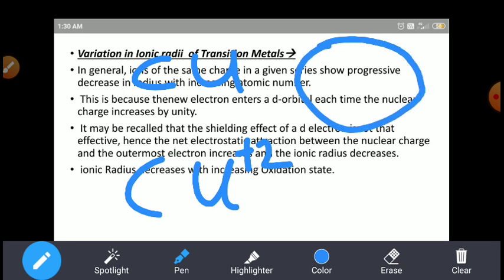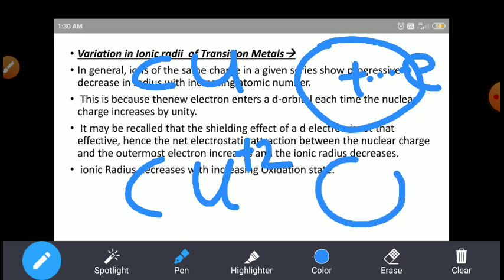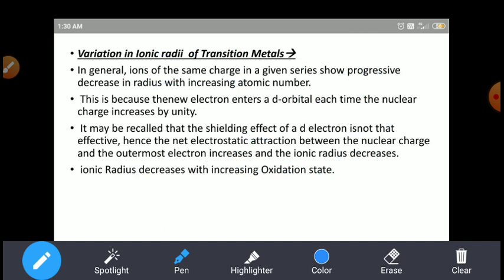The copper ion's outermost electrons experience more nuclear attraction as compared to the atom. So that's why the ionic radius decreases.